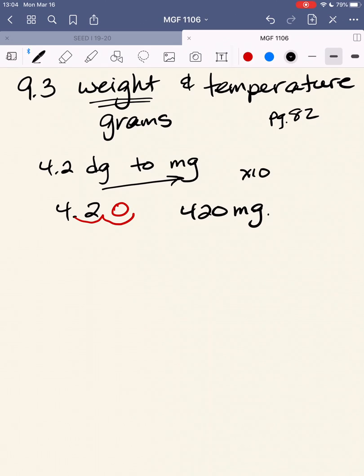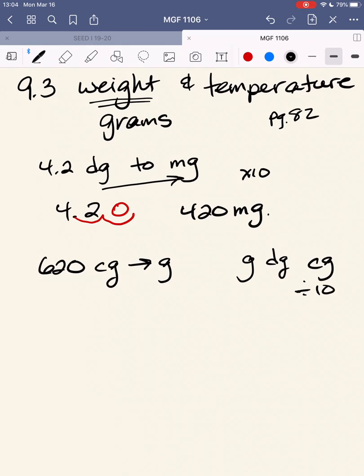Easy enough. And then if I want to take 620 centigrams and take that to grams, now I'm moving from cg to grams, and there's a dg in between, and I need to move over 2 units the other direction, which means I'm dividing by 10 twice.